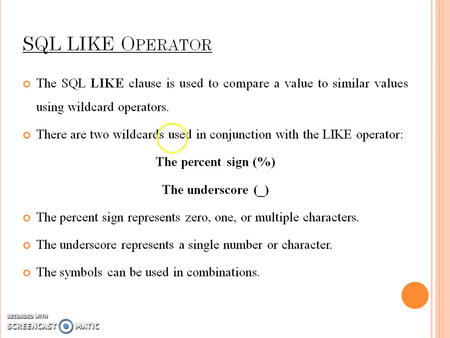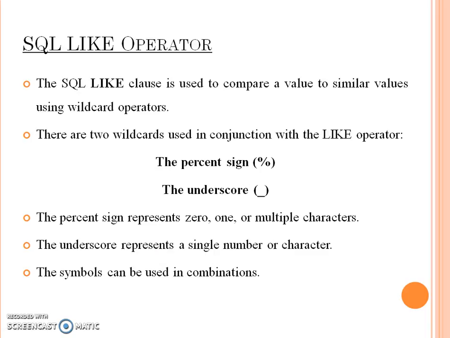The next operator which we have is the like operator. Like is used to compare the values for a specified pattern, but the condition is using the wildcard operators. These 2 wildcard operators are nothing but the percent and the underscore. The percent sign is used to represent the comparison of either 0, 1 or multiple characters, whereas the underscore is used if you have to make a single number or single character comparison.